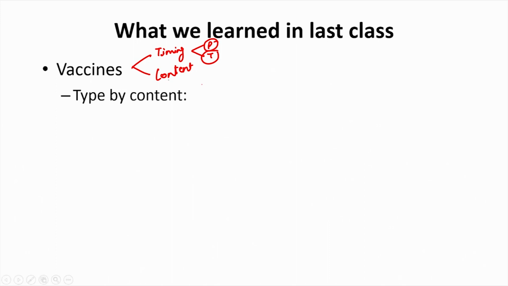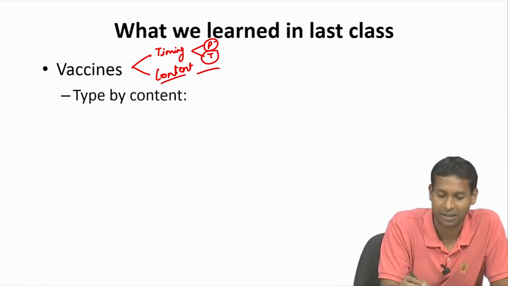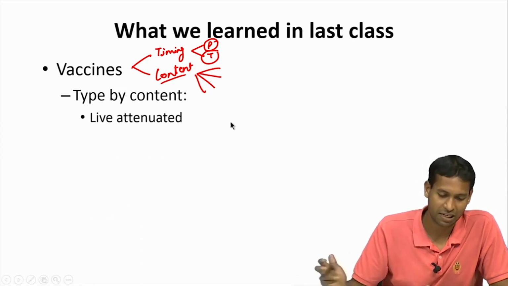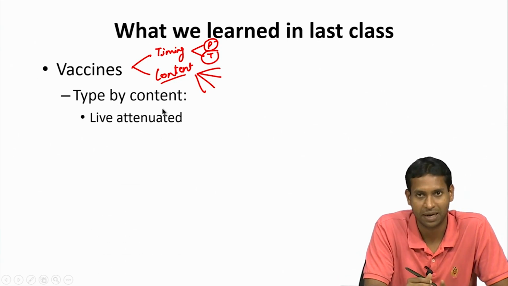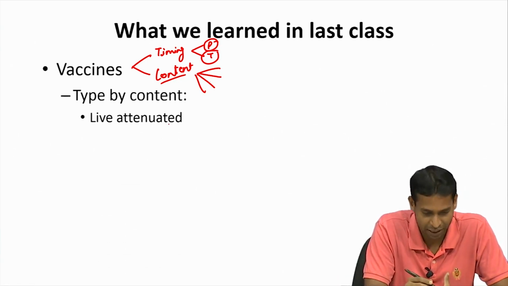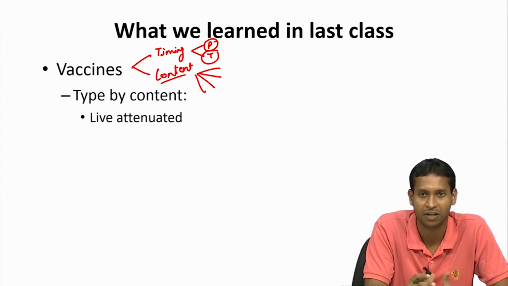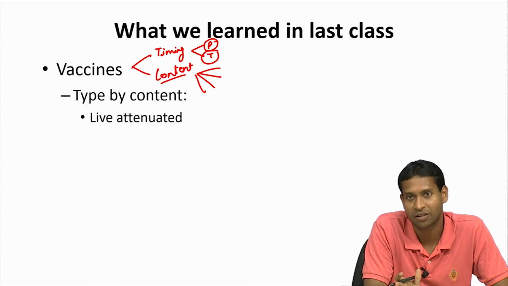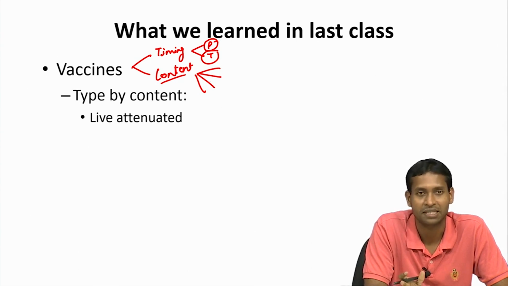Then in the last class we talked about content, and from content we divided them into 4 different classes. One was live attenuated, in which you take a bacteria or a virus or whatever the germ is, and you attenuate it, basically decrease its virulence. So, it cannot immediately cause the disease, but it can potentially cause a disease if it persists. But you are basically giving enough time to the body to adapt to it before it can cause a disease.